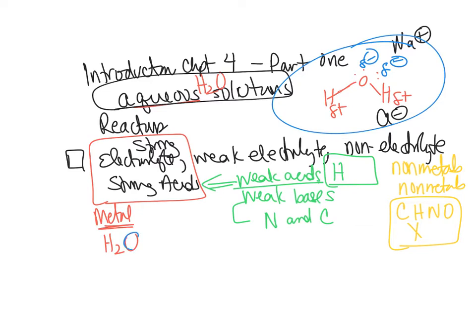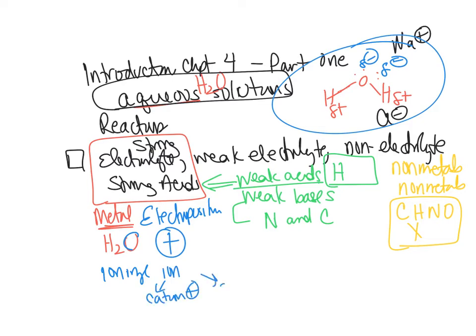And so metals are electropositive, and that means they give up an electron and become a positive charge. And in water solutions, they actually will break up and ionize. They become ions, right? So if you ionize, you become an ion, which is a cation, so that's the positive, and the anion, which is the negative. And so these separate, and strong electrolytes will conduct electricity.